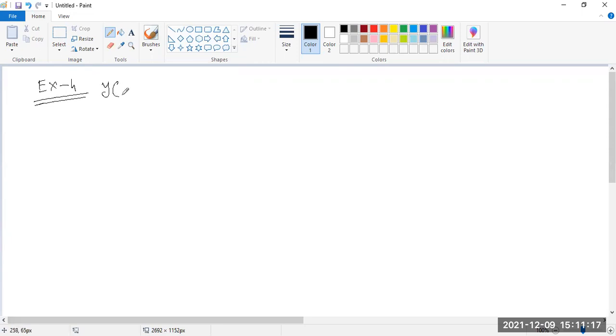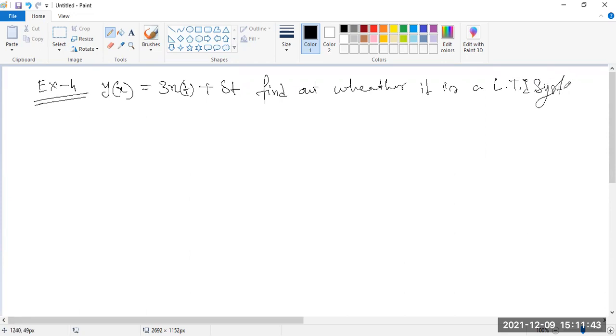Now y of t equal to 3x of t plus delta t. Okay, now find out whether it is an LTI system, linear time invariant system, or not.